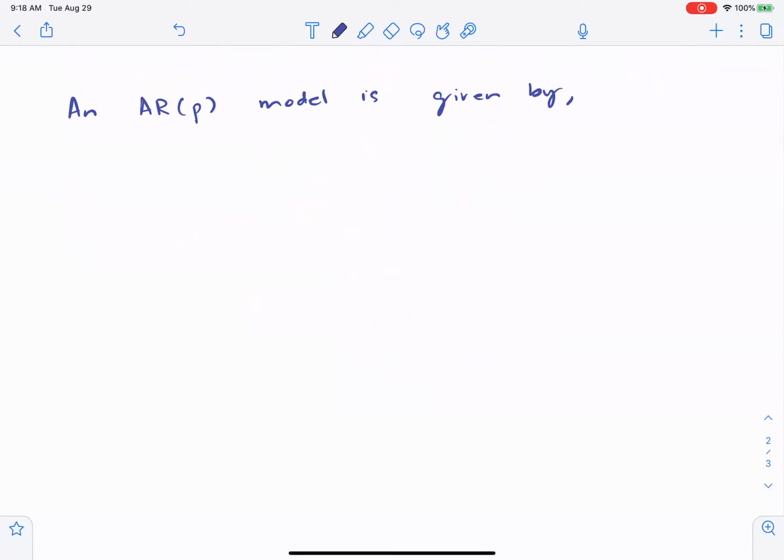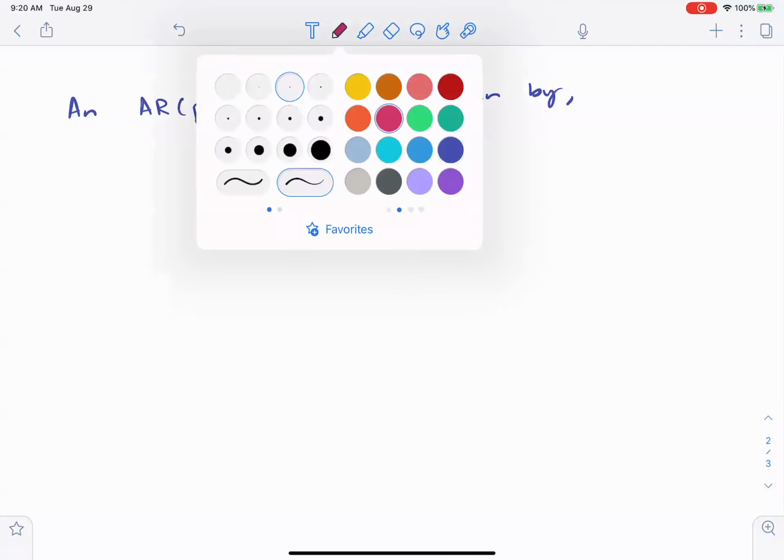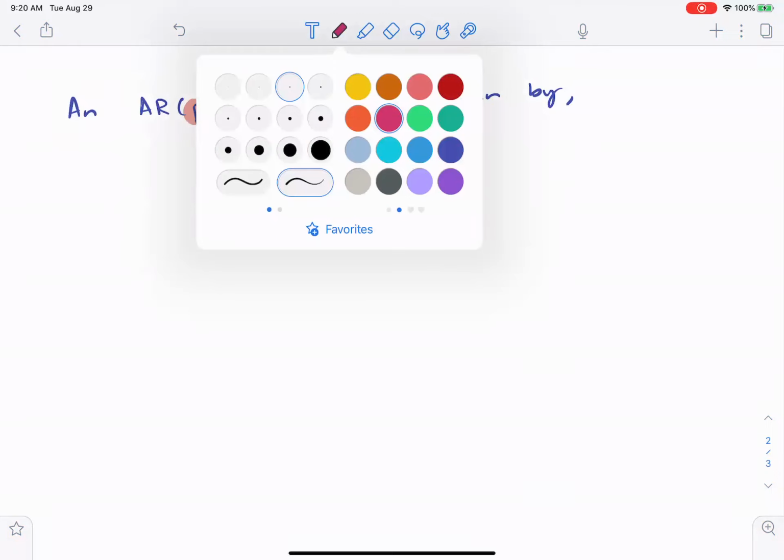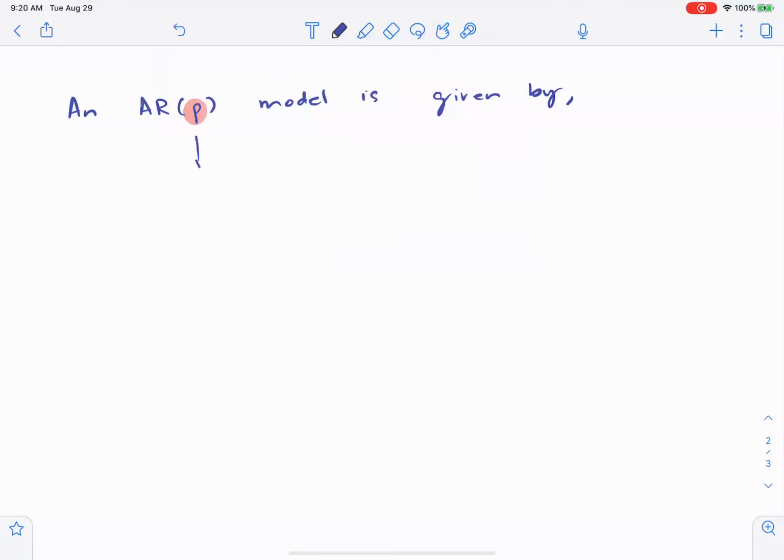So we are going to start with an AR(p) model. Now, any thoughts as to what p refers to? So p is simply the order.